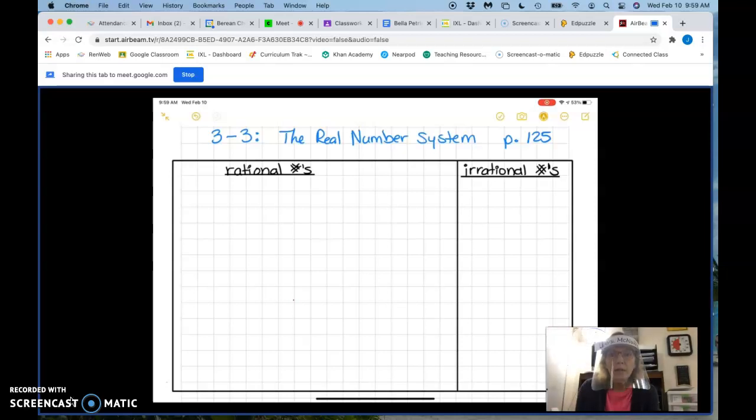But irrational numbers, have you guys ever seen a 2-year-old throw a fit on the floor? Can you talk to them and say, oh, if you'll just sit in the chair nicely, then we could have dinner? And they'll do it? No. Will they just keep screaming on the floor? Yeah. And what happens if you try to put them in a chair?